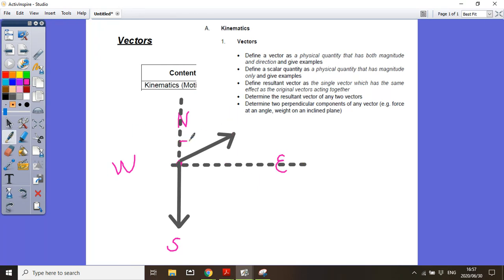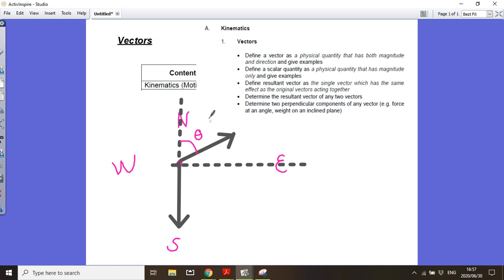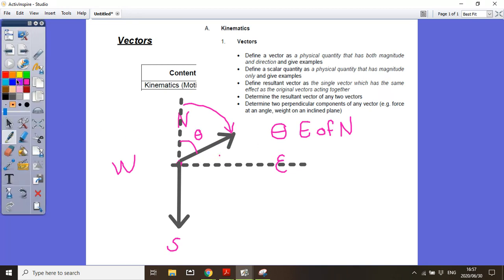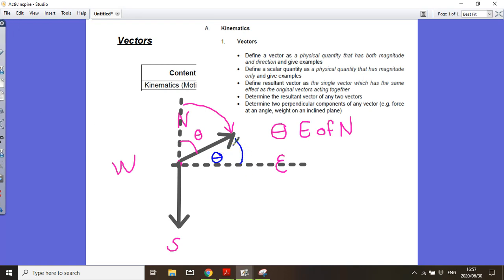So if this is our angle theta there, then you have to say that your vector, now think about it, it's moving towards the east from the north. So it's going to be theta degrees east of north. Okay, so just quickly revising. I'm not going to do examples really of this. If this is my theta here, you're going to measure from the east, and I'm moving towards the north. So that will be theta degrees north of east.